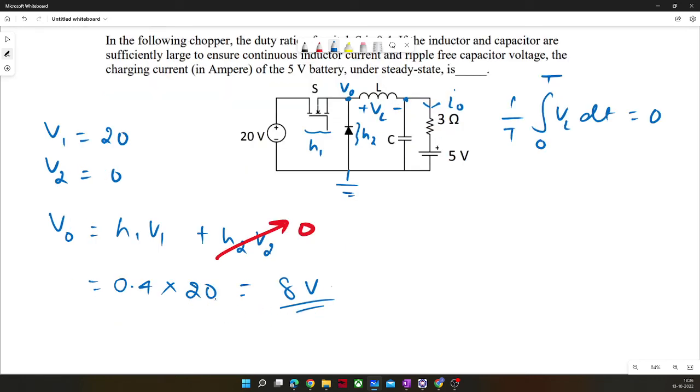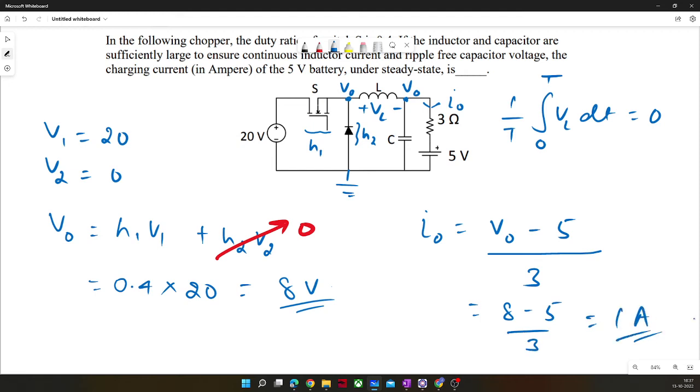For that reason, V naught will come out here. And now we need to calculate I naught. So I naught will be V naught minus the battery voltage of 5 volts, divided by the resistance of 3 ohms. So that will be 8 minus 5 by 3, which is 1 ampere. 1 ampere was the answer for this problem.